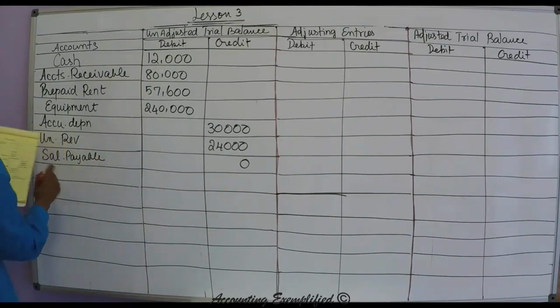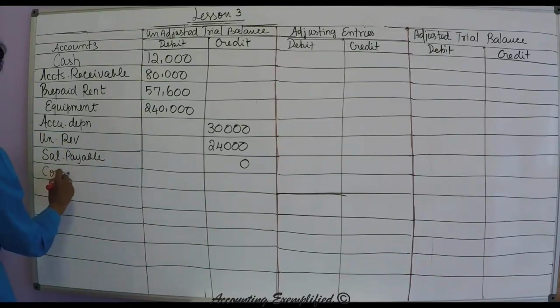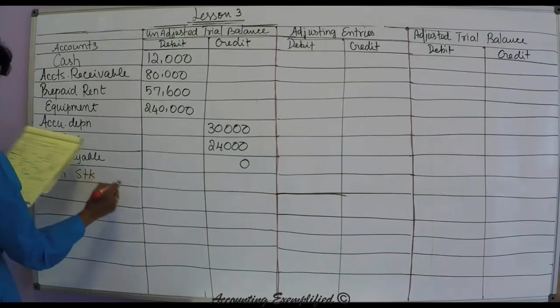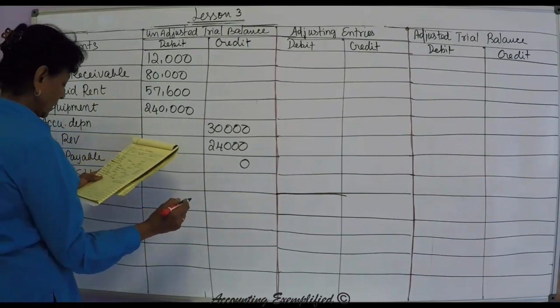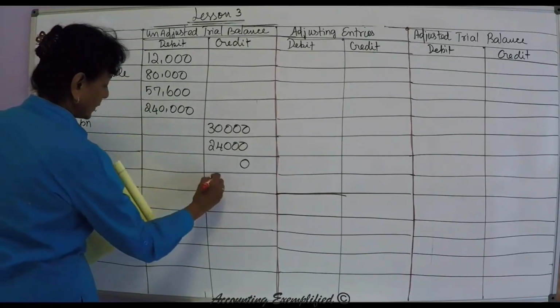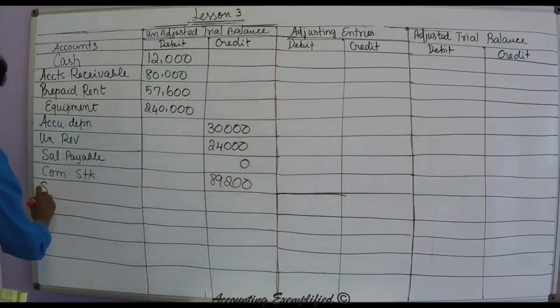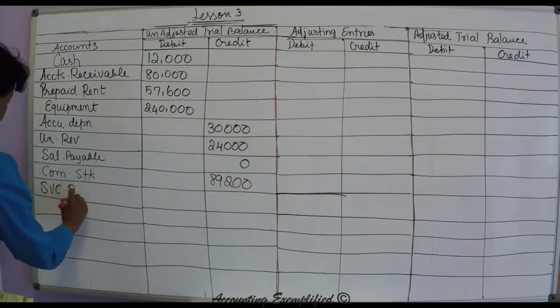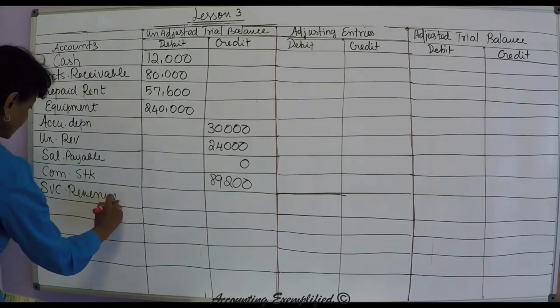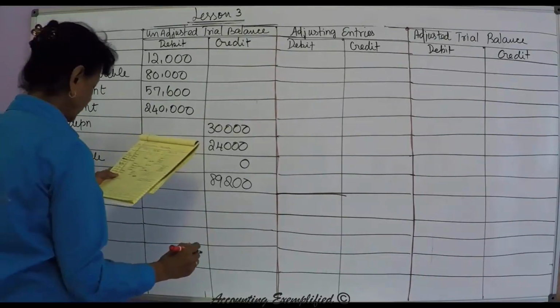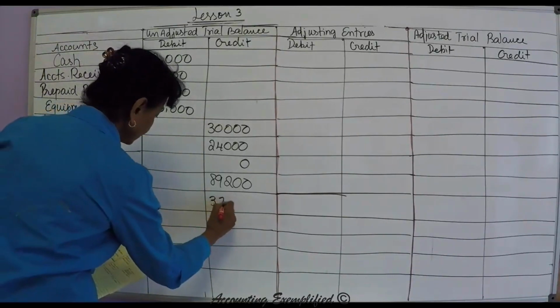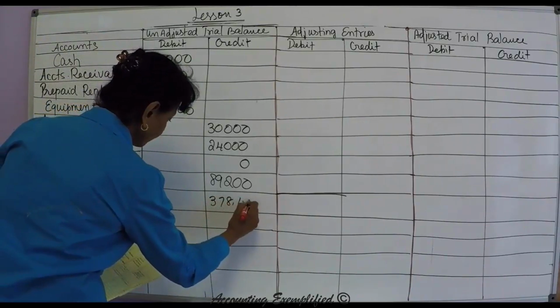And then we have common stock that had a balance of 89,200, and then service revenue had a balance of 378,400.